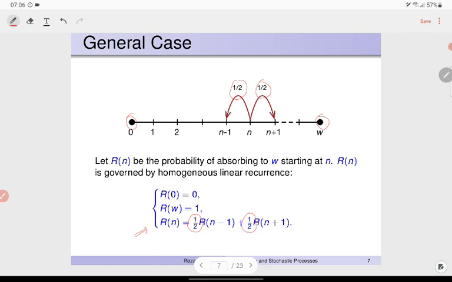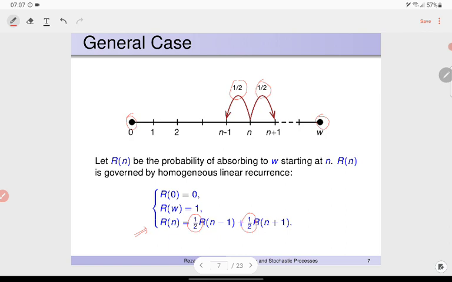What about RW? RW means that we put W, so we hit W, or we are originally in W. If you are originally at position W, then right away you hit the point. So that means that the probability of absorbing to W is equal to 1. So these are the boundary conditions.